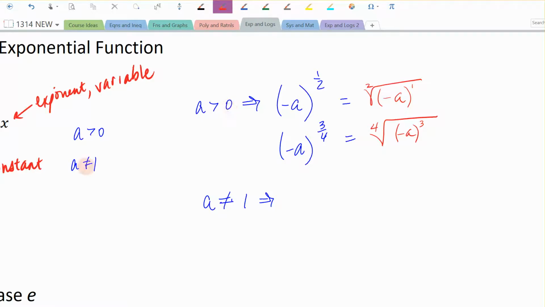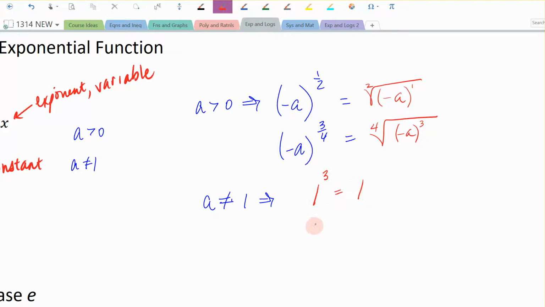Now, what about the idea that a cannot be equal to 1? Think about that for another second. If I have the base 1 raised to the third power, that's still 1.